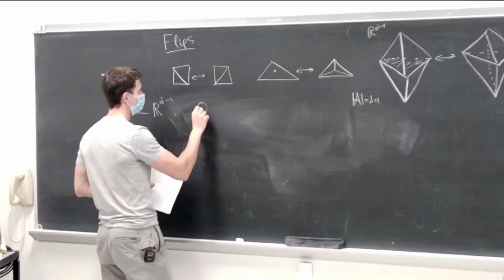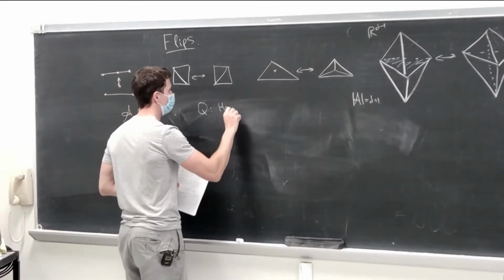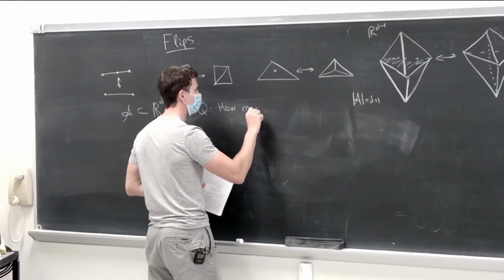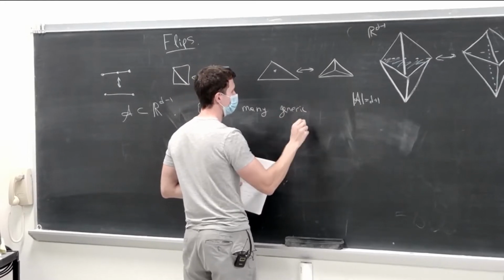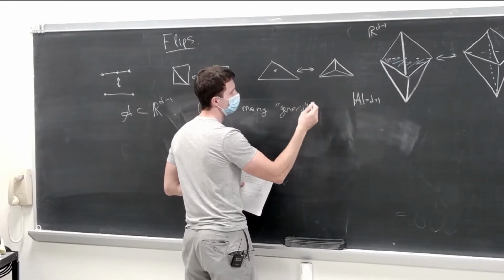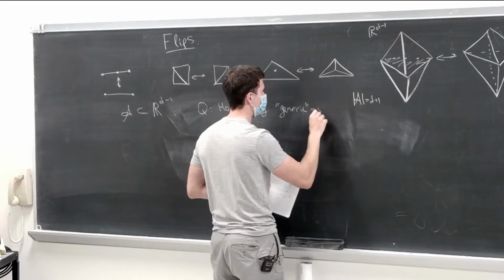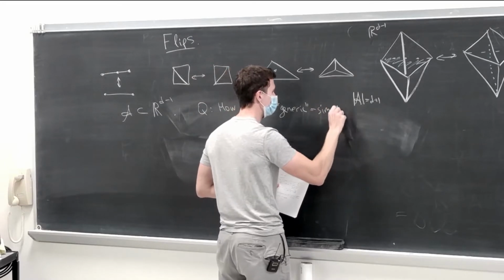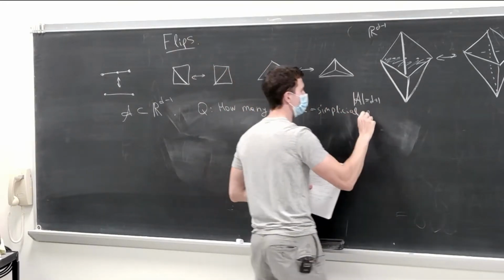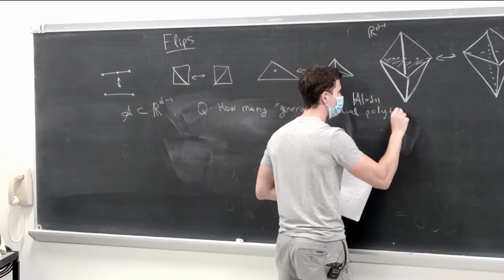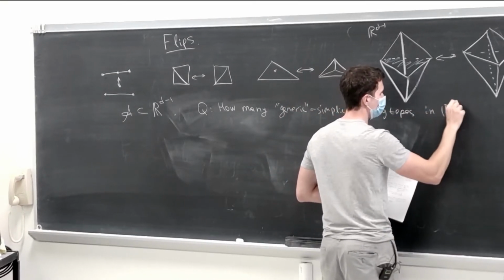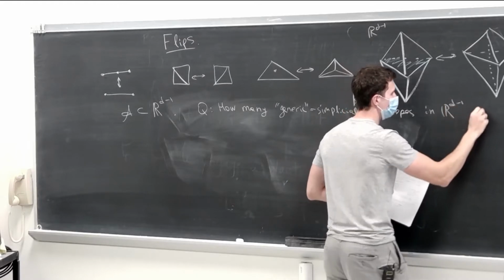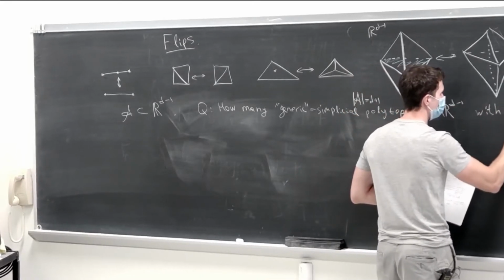question, how many generic polytopes, which for polytopes means simplicial polytopes, in R to the d minus 1 with d plus 1 vertices.